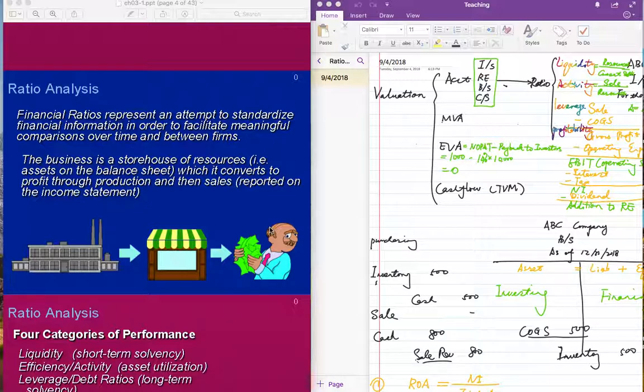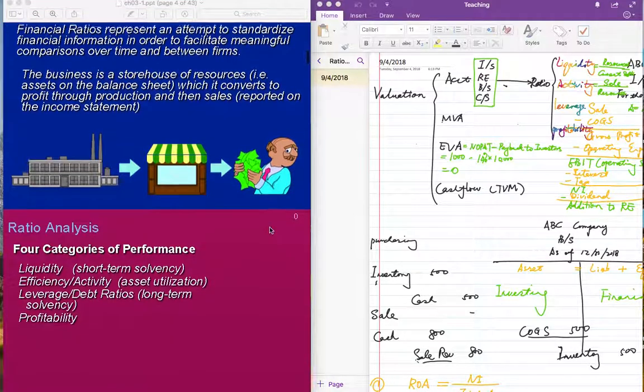Do we outperform the industry or do we underperform the industry? You can never use the ratio in isolation and arrive at a conclusion, oh, this firm has a poor productivity efficiency, and so on and so forth. So it has to be used for comparison. Okay, keep that in mind.